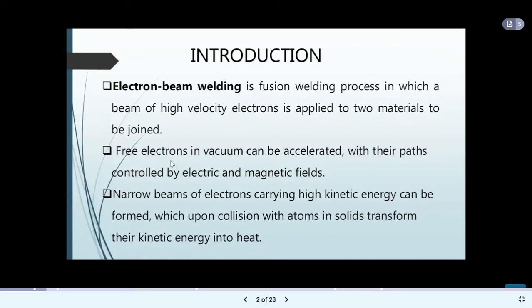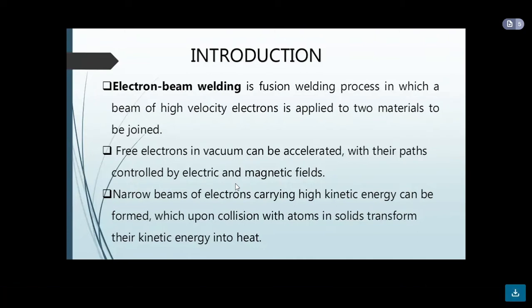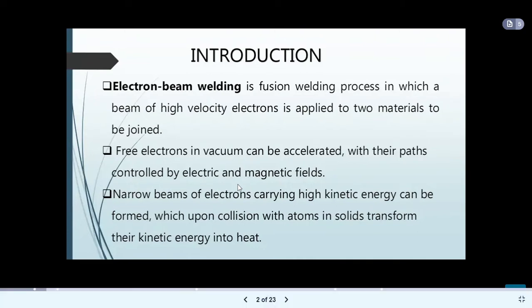So free electrons in a vacuum can be accelerated with their path controlled by electric and magnetic fields. Means high velocity electrons are first of all generated in this welding process, then these electrons that we generated get accelerated by some electric field, and after that the magnetic field is used to focus them.